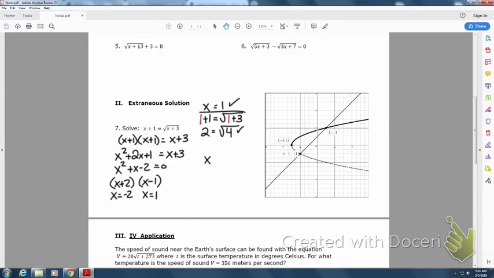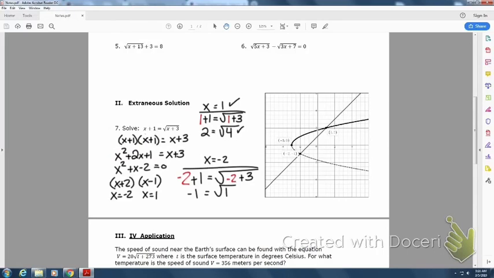Next, we've got negative 2. So I'm going to plug negative 2 in for x. So I get negative 2 plus 1 equals the square root of negative 2 plus 3. I get negative 1 equals the square root of 1.